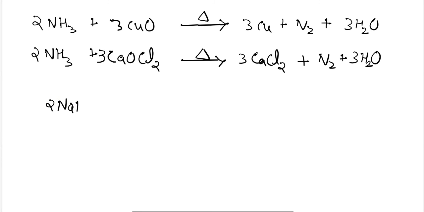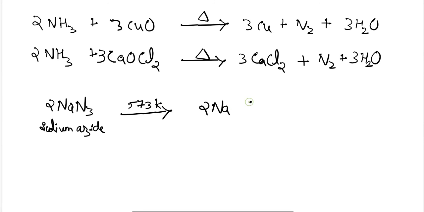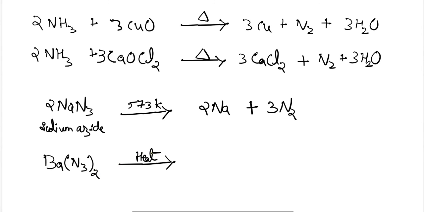Sodium azide at 573 Kelvin forms two atoms of sodium with dinitrogen. Barium azide, Ba(N3)2, on heating forms barium plus 3 dinitrogen.